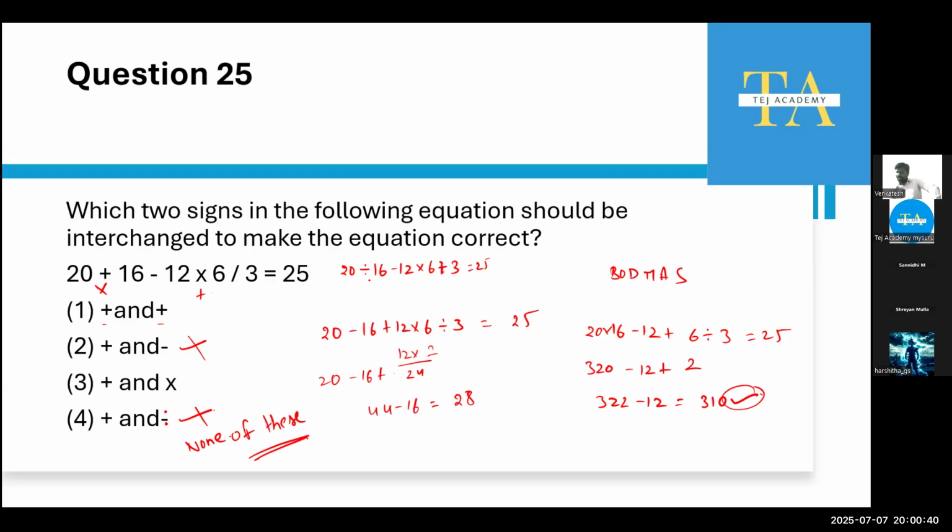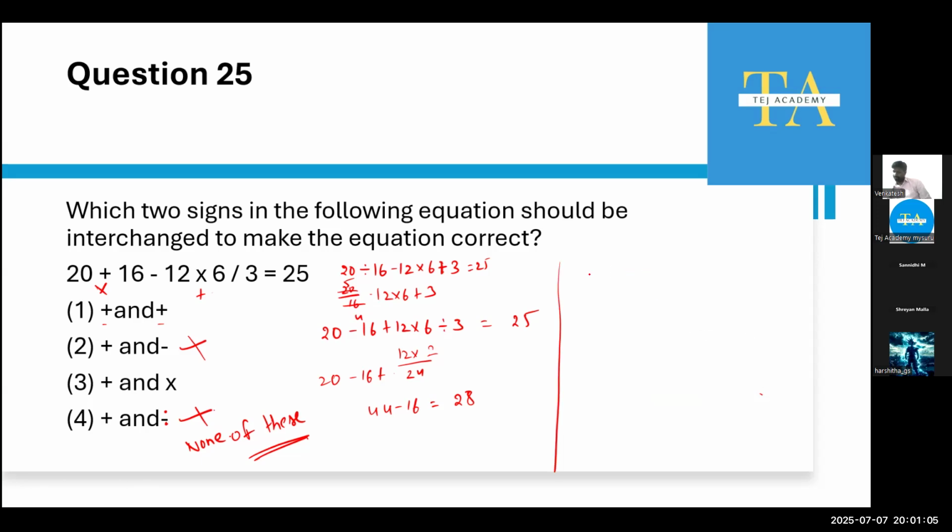So 20 division 16, so 4, 4, 4, 5. So 5 by 4 minus 12 into 6 plus 3.